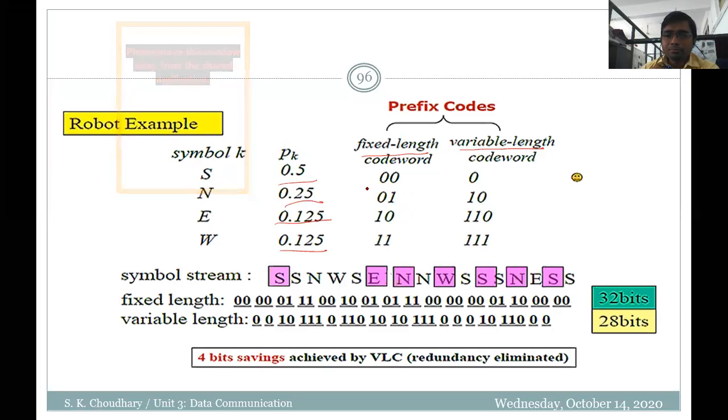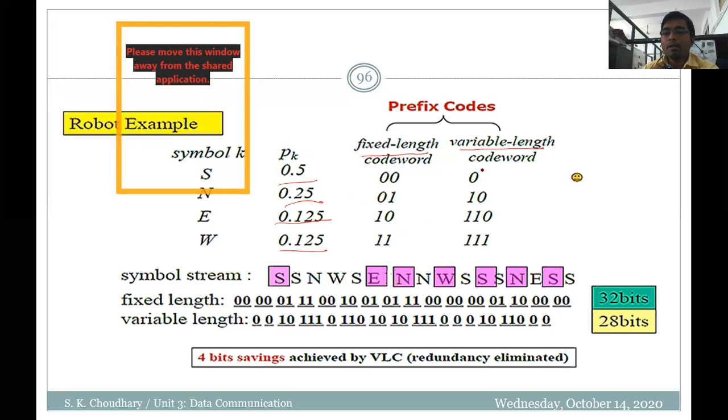Now you can see if you are using the fixed length code word, these are the codings: south 00, north 01, east 10, and west 11. And for the variable length code, 0, 10, 110, and 111 for the west as per the direction.